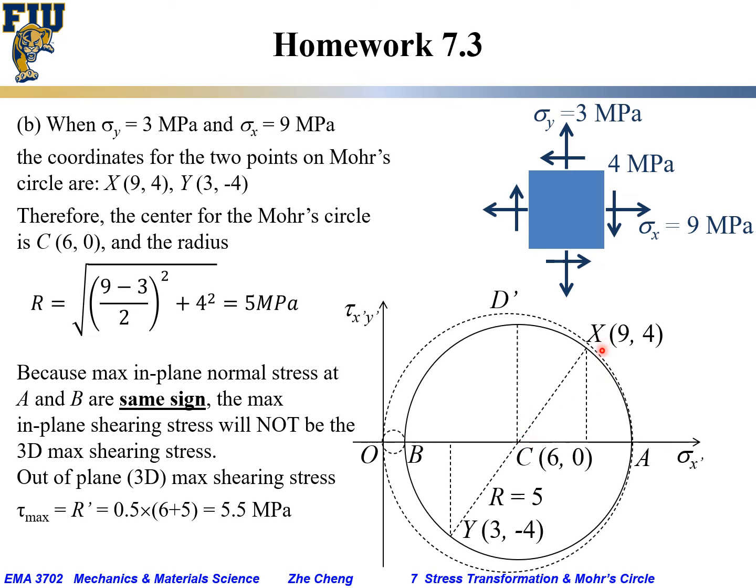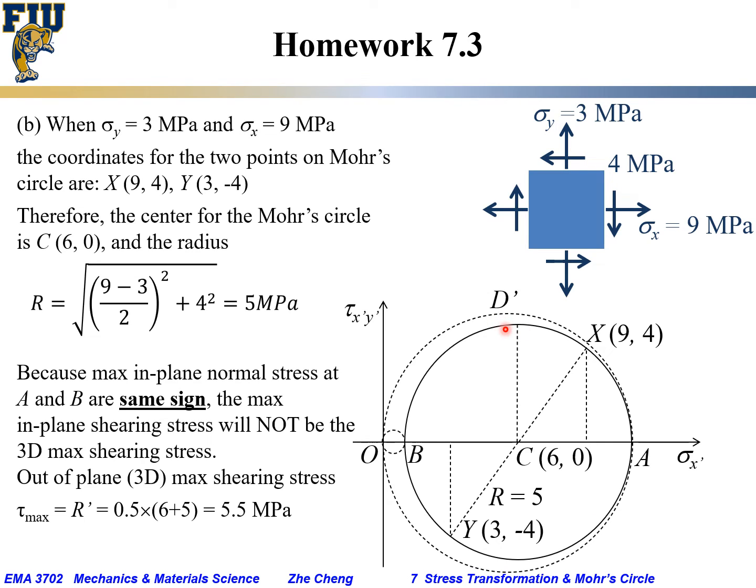But for this xy plane circle, the maximum in-plane normal stress and minimum in-plane normal stress are the same sign, which means if we construct the three Mohr circles, one would be this XY circle or AB circle, that will be the BO circle, but then there will be a larger AO circle.